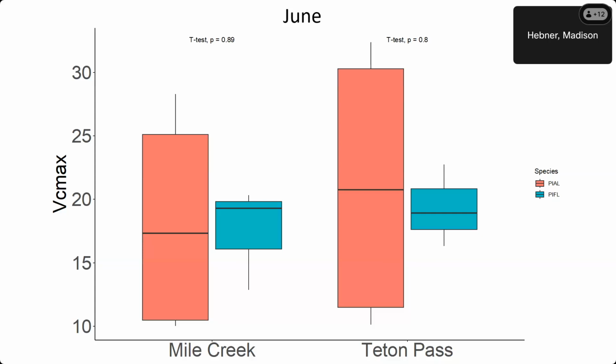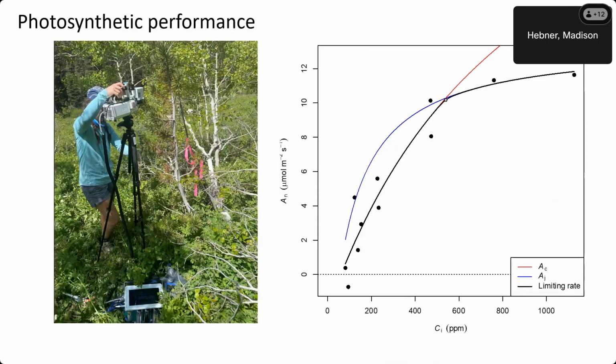It's measuring the slope of that curve. Yeah, so the Vcmax is this original slope right here. Okay, so it's how much more assimilation can happen with an increase in. Yeah, this original slope shows how much carbon assimilation can happen until the plant is unable to assimilate more carbon because of cellular processes.